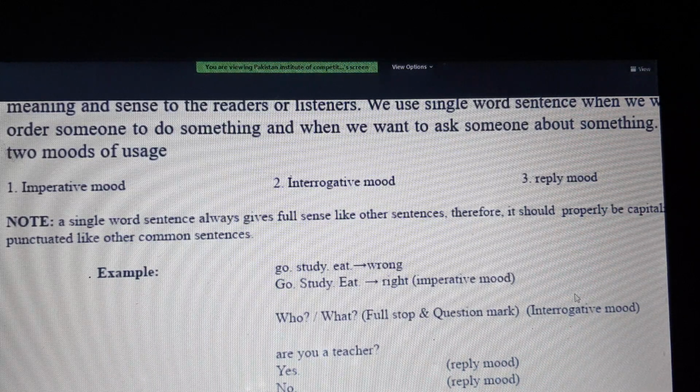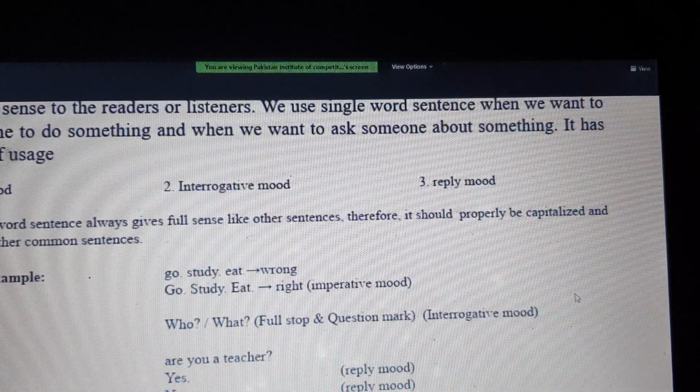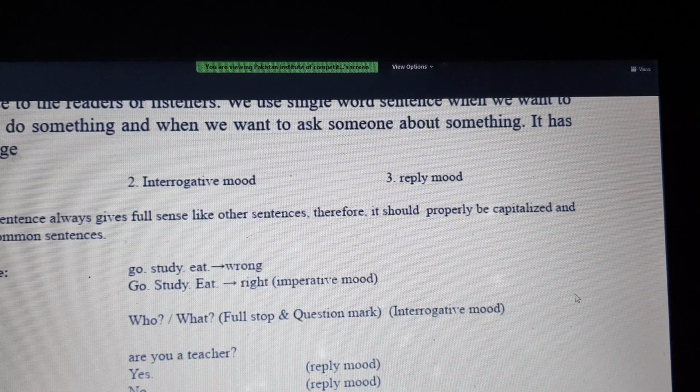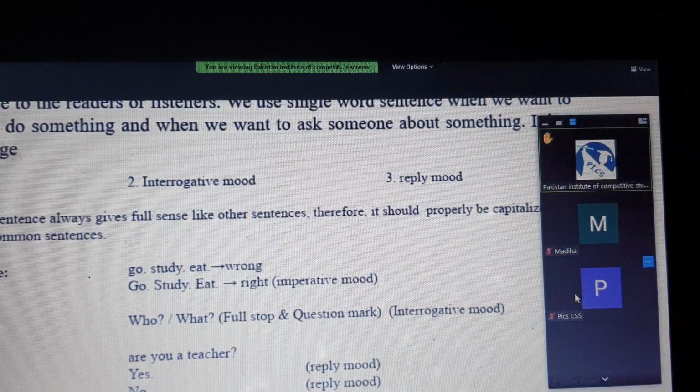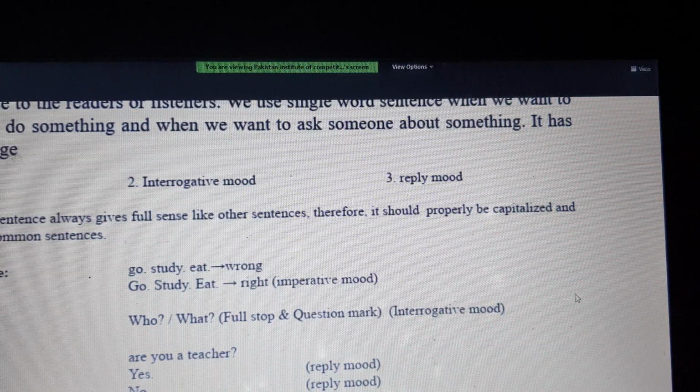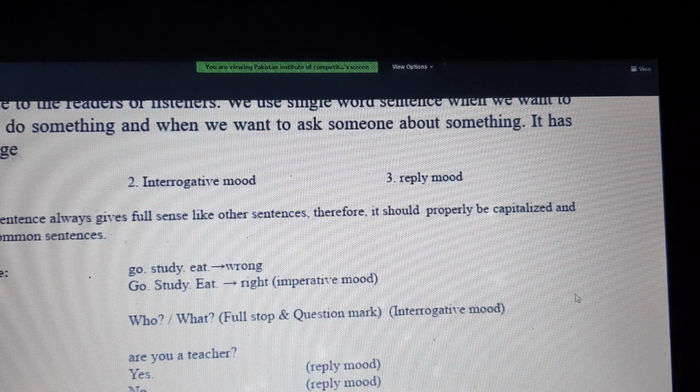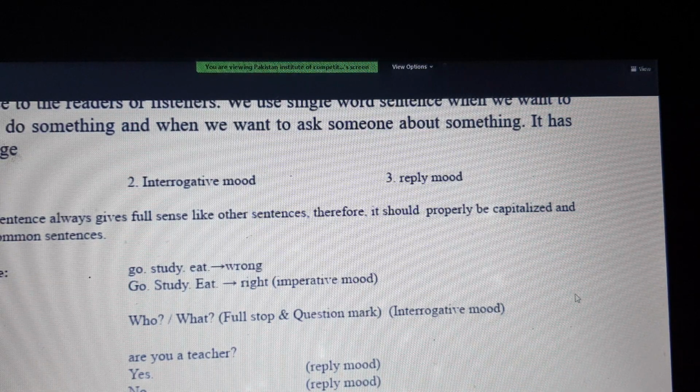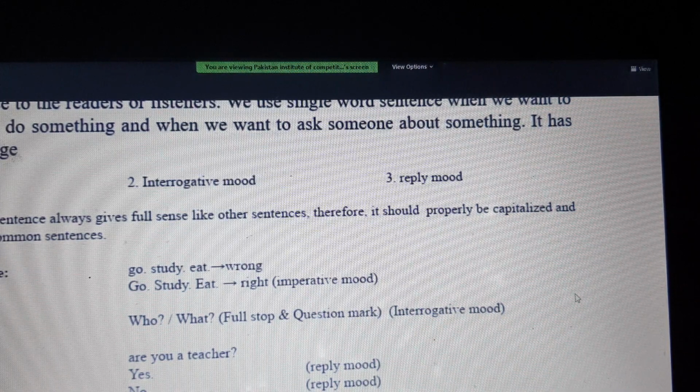And number 3 is reply mood. जवाब में भी हम single word use कर सकते हैं. For example, what do you want to eat? क्या खाना पसंद करोगे? Simple answer: chicken, fish, potato, vegetable, soup, burger, sandwich.